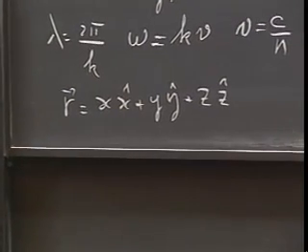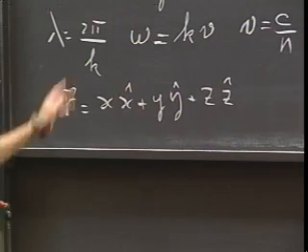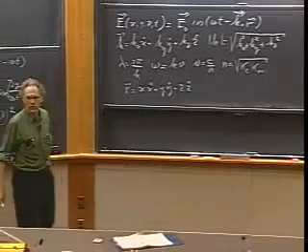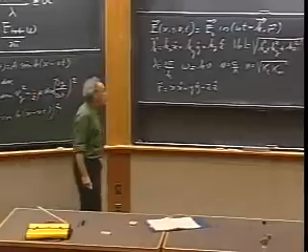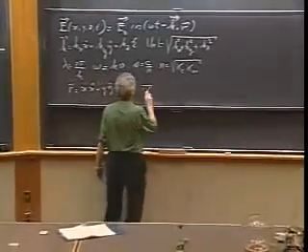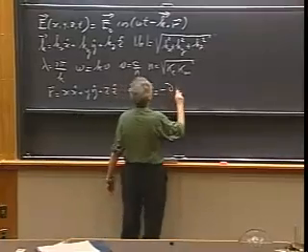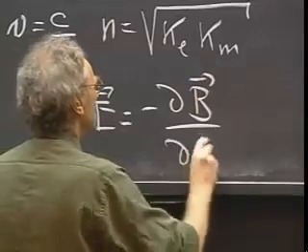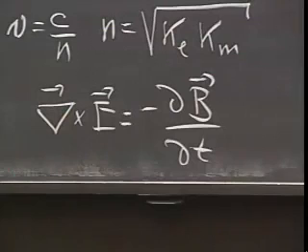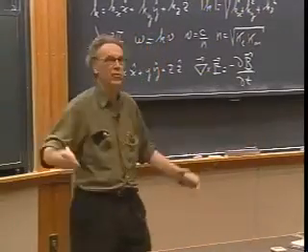If you wanted to know what the associated magnetic field is with this electric field, then your best bet always is that the curl of E is minus dB dt. So if you know that whole function in x, y, and z, you can take the curl of E. Sometimes it's time consuming, sometimes it's fast, depends on the wave.